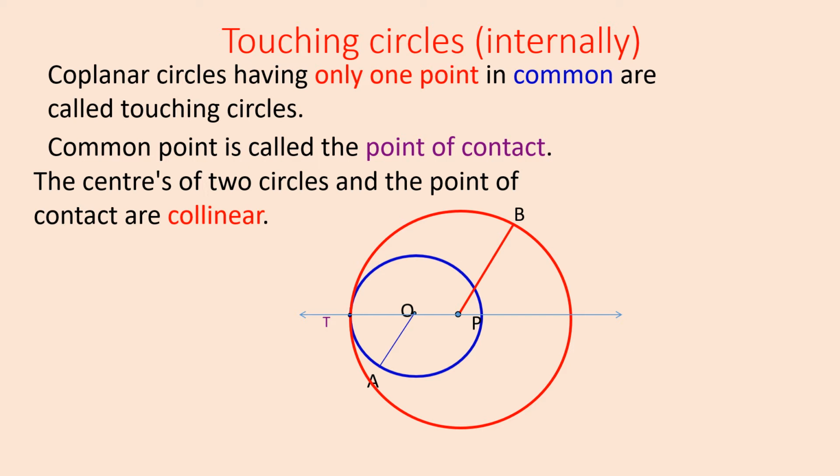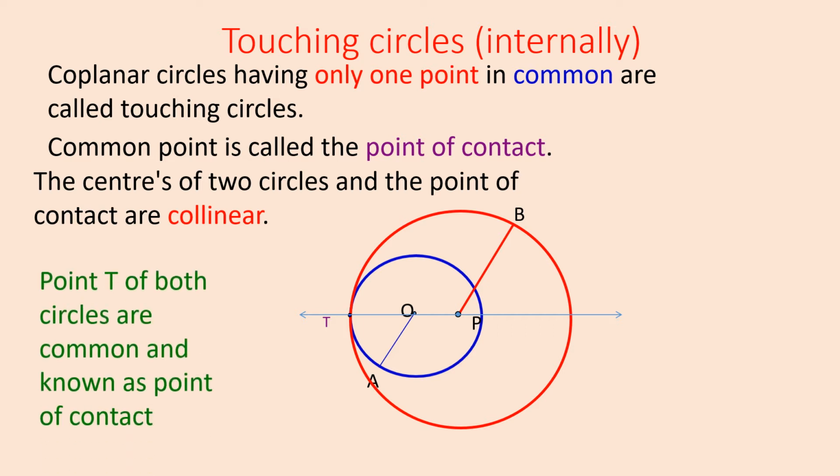You will see that all the 3 points, the two centers and the point of contact, are passing through that line, and that is why we say that all these 3 points are collinear. Which are 3 points? Point of contact, centers of both the circles. So the point T of both the circles are common, which is known as your point of contact, as you have seen.